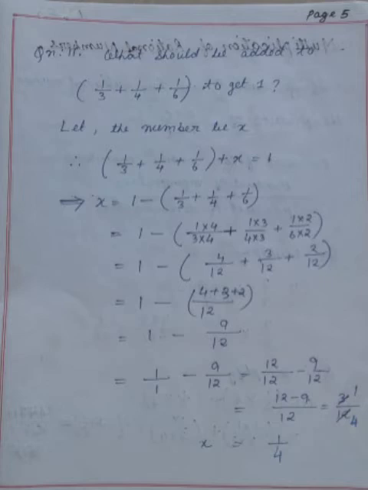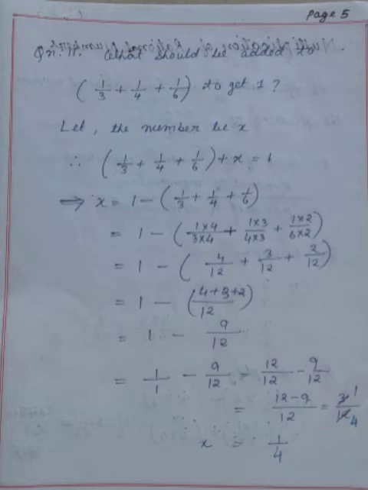That means (1 by 3 plus 1 by 4 plus 1 by 6) plus x equal to 1. So x equals 1 minus (1 by 3 plus 1 by 4 plus 1 by 6).